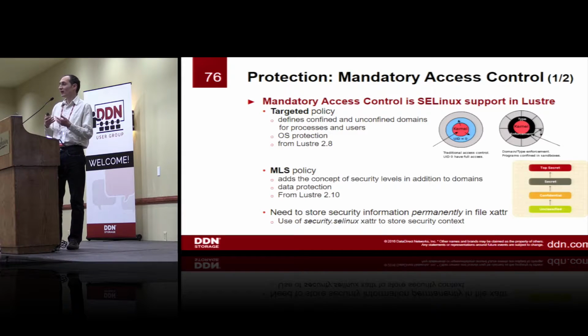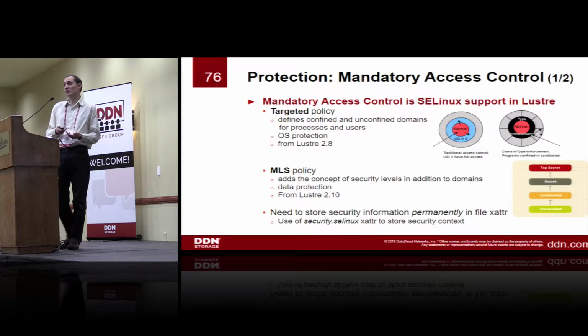To that extent, the targeted policy will create sandboxes, which are called domains, in which users and processes will be confined, so they will not be able to access other parts of the system. From Lustre 2.8, we support having the SE Linux targeted policy enforced on the Lustre client side.